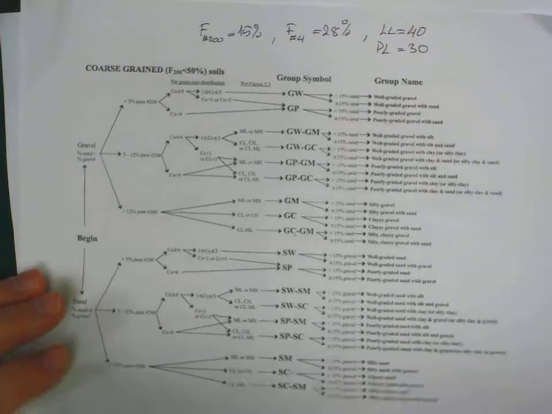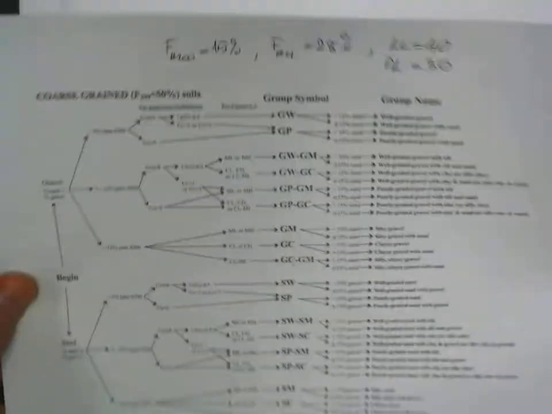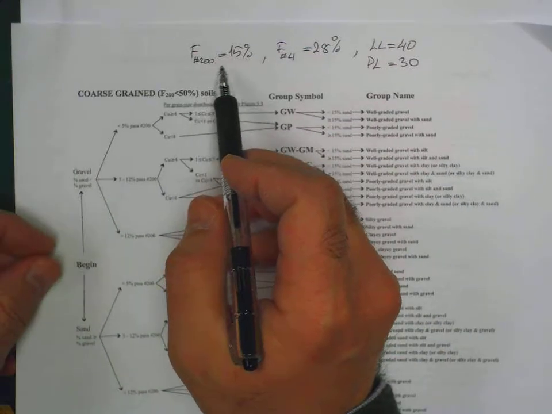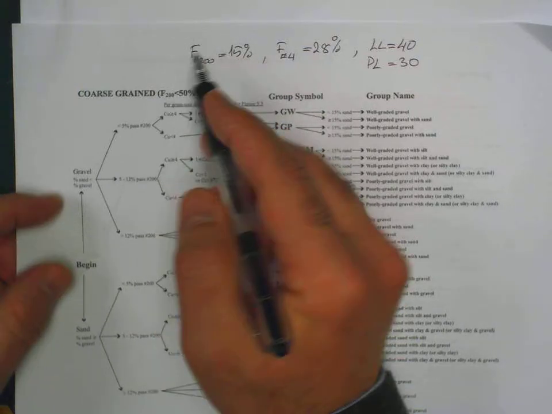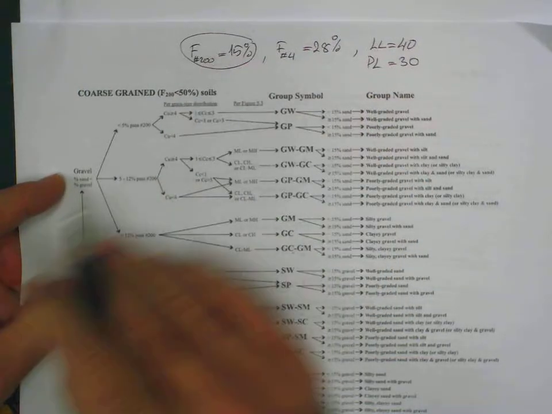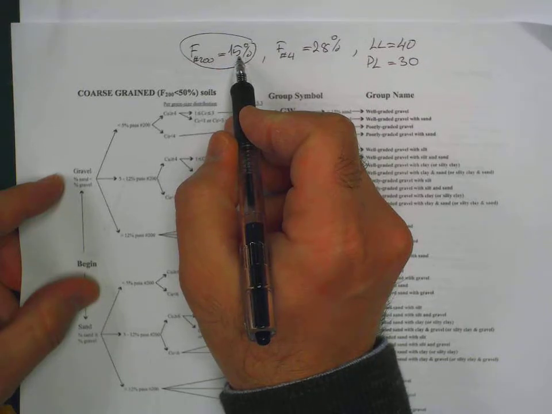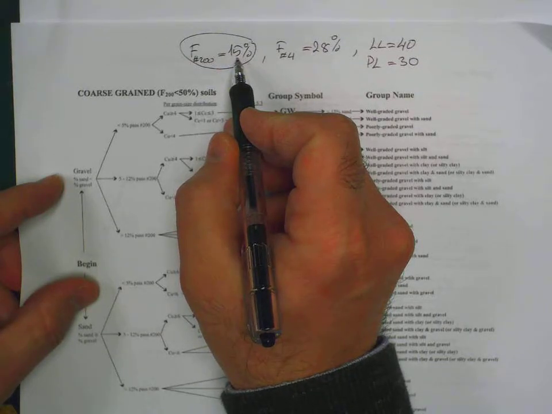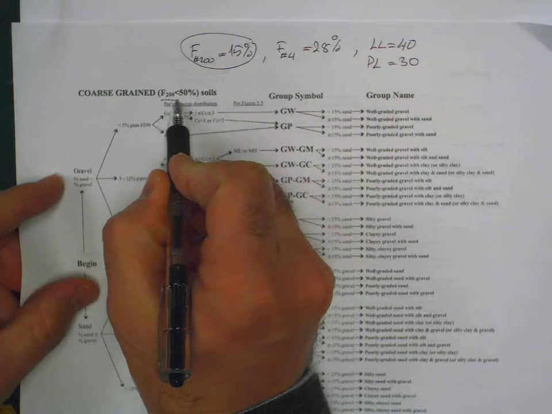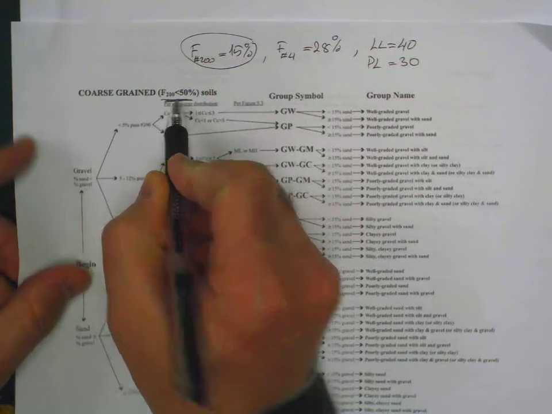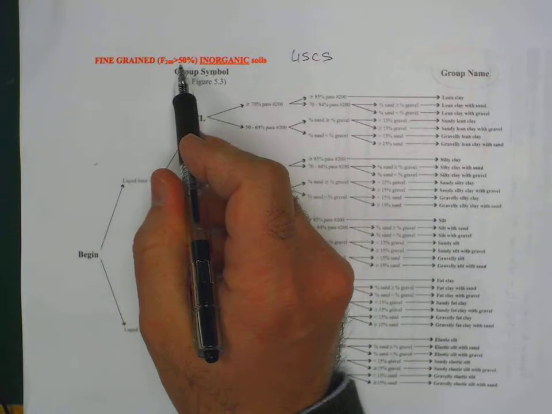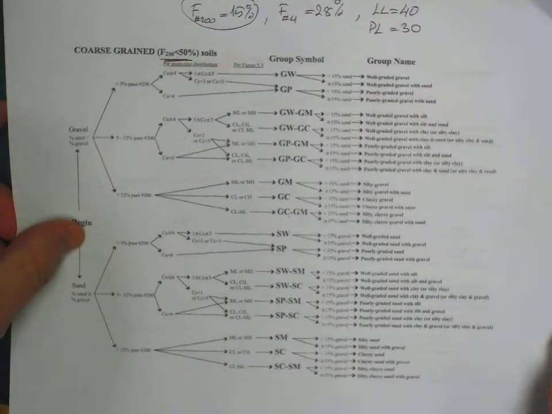So let's start with which graph we're going to use to classify the soil. First thing we look at is F200. F200 says we have 15% passing number 200 sieve. Looking at this, this graph applies, and this graph does not apply. Okay, so I'm choosing this particular flowchart.